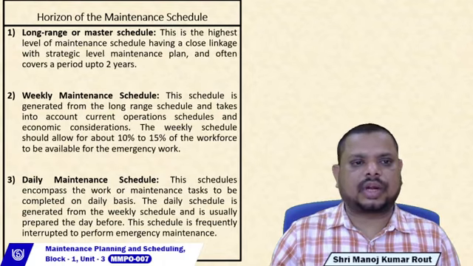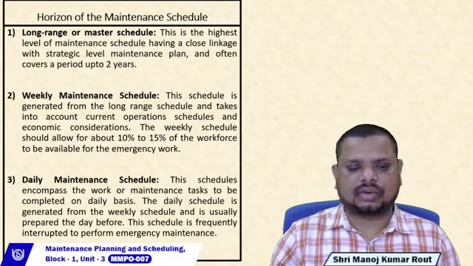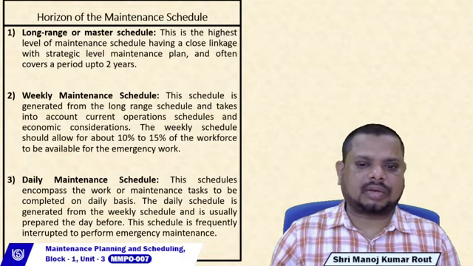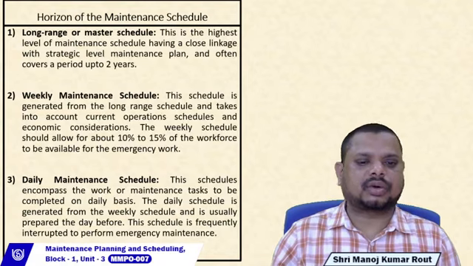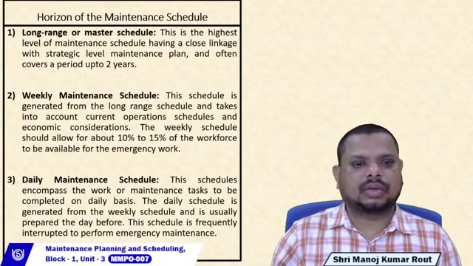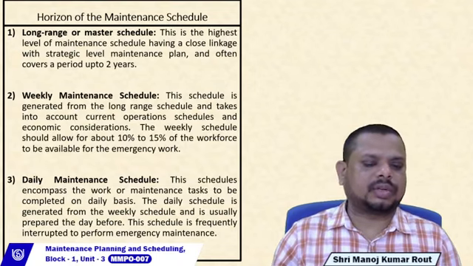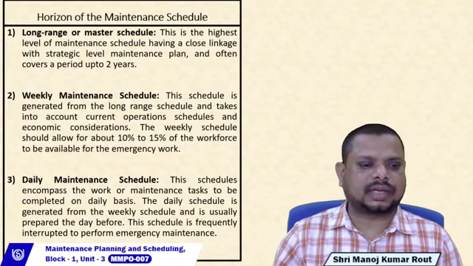If you go for the long range schedule, a large amount of capital should be invested. But weekly schedules drawn from the master schedule should allow about 10% to 15% of the workforce to be available for emergency works. So they keep a reserve of 10 to 15% of the workforce for the scheduled maintenance.